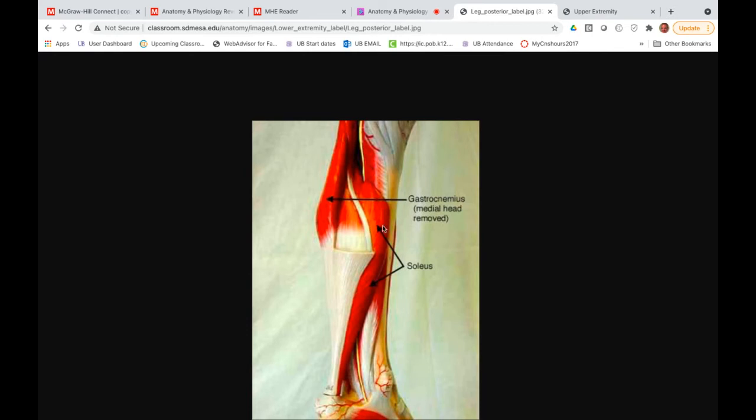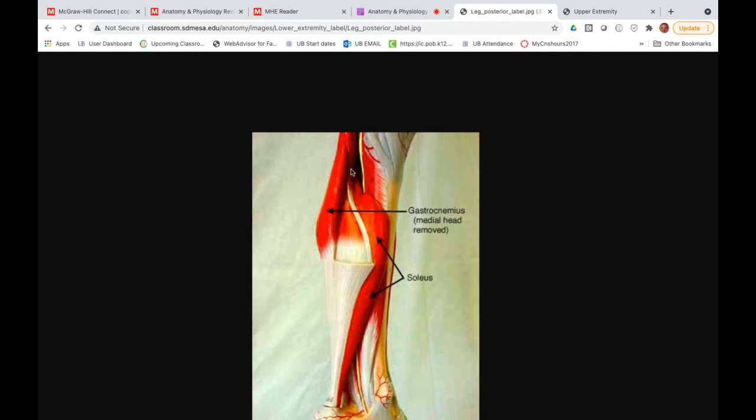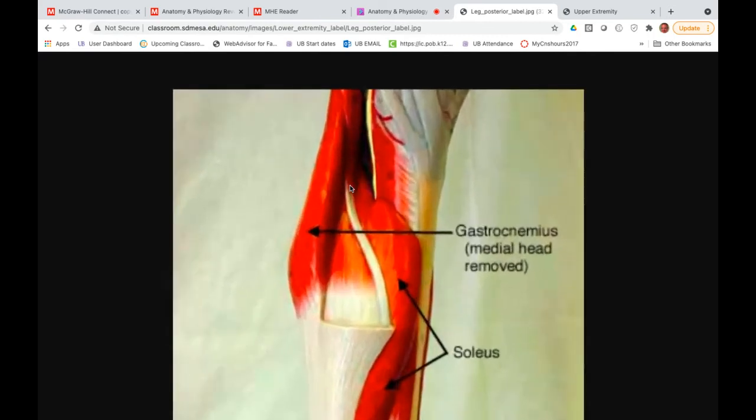So you have the soleus, the gastrocnemius, and a third muscle here. It's not labeled, but you can see the tendon right here. The belly of it is right there. This is called the plantaris.